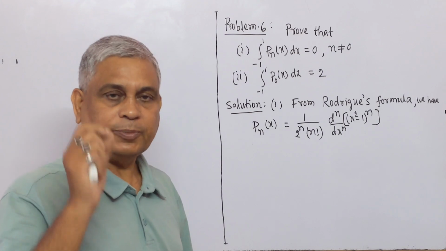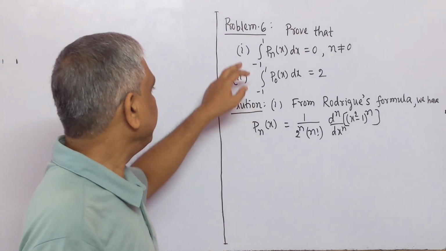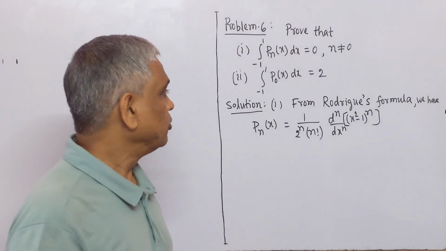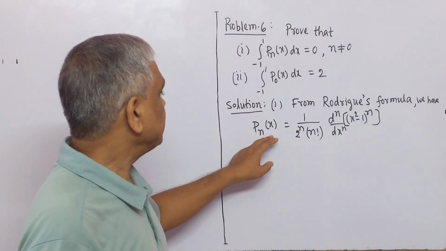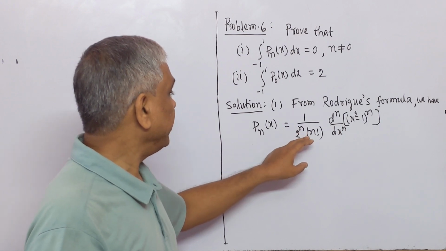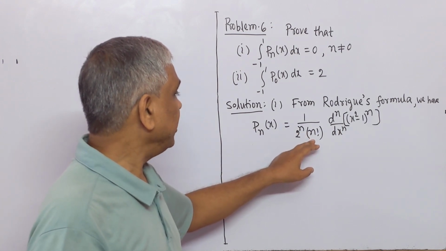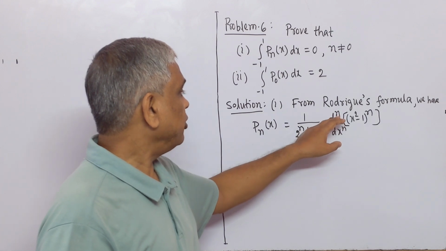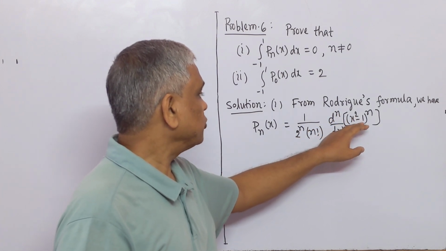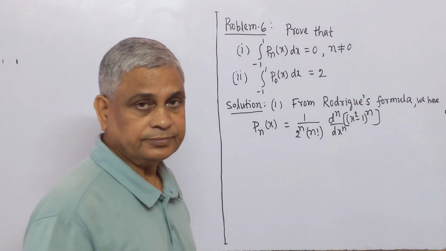Now we solve this. Firstly we solve number 1. From Rodrigues formula we have Pn(x) equals 1 by 2 to the power n factorial n multiplied by the nth order derivative of (x square minus 1) whole to the power n.